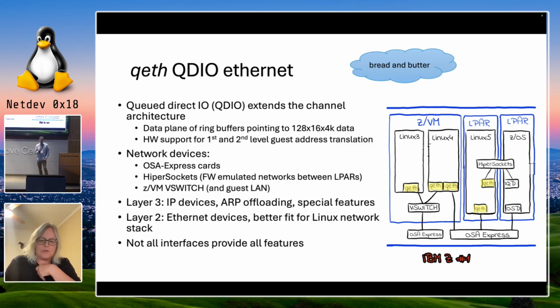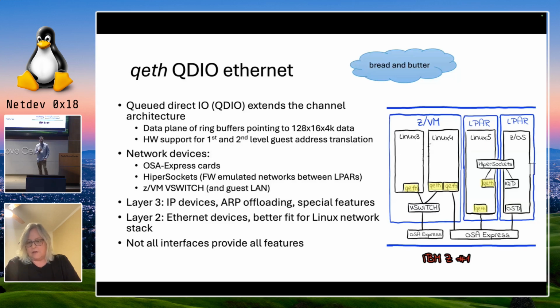Another thing about the QETH devices is that the first network channels on s390 were actually providing what we call layer 3 interfaces. So they are basically IP devices in Linux. So all the MAC address handling, ARPing, all that is offloaded to the network card, to firmware. And to the operating systems, IP interfaces are provided.